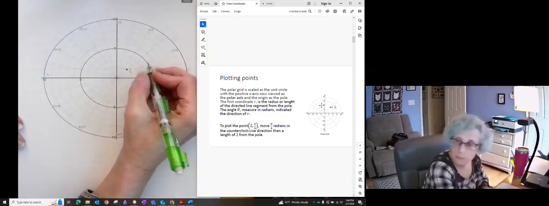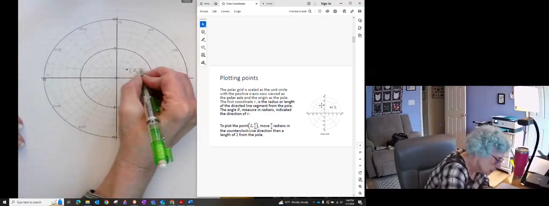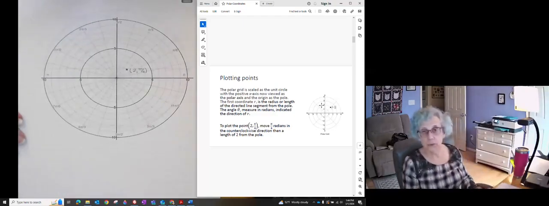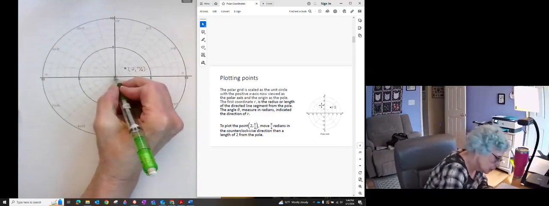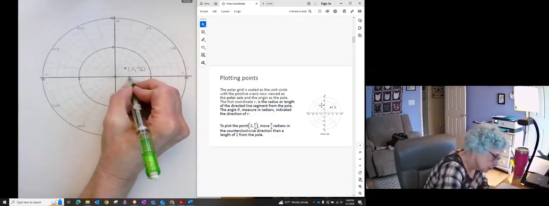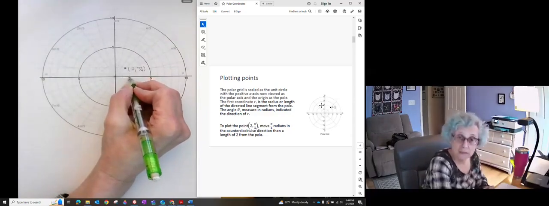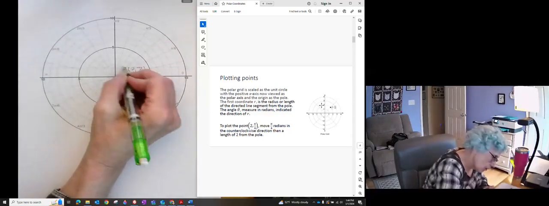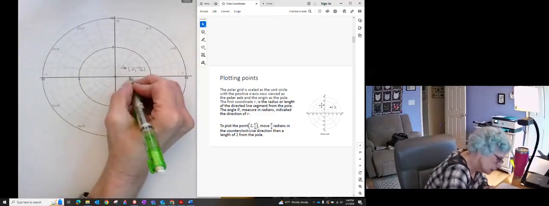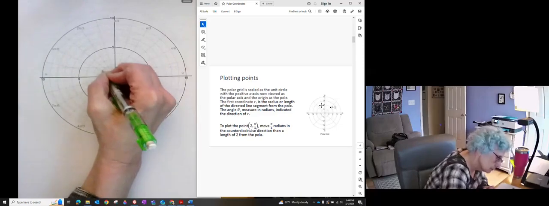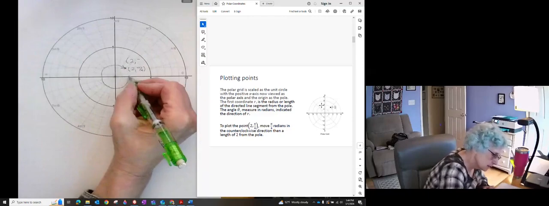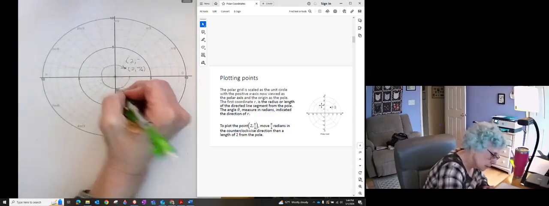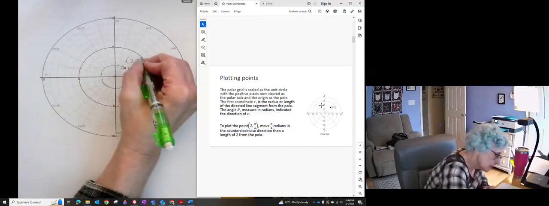So this is the point (2, pi over 4). It is also the point (-2, 5 pi over 4), or (2, negative 7 pi over 4).